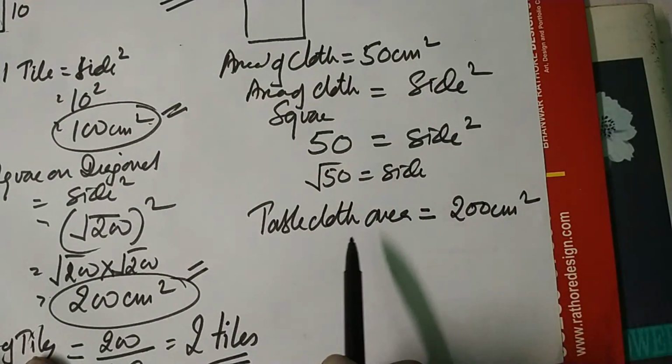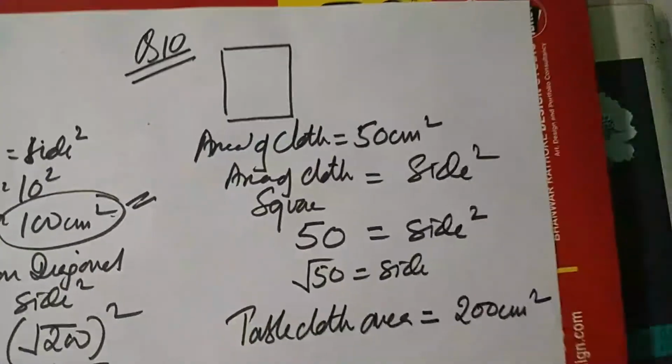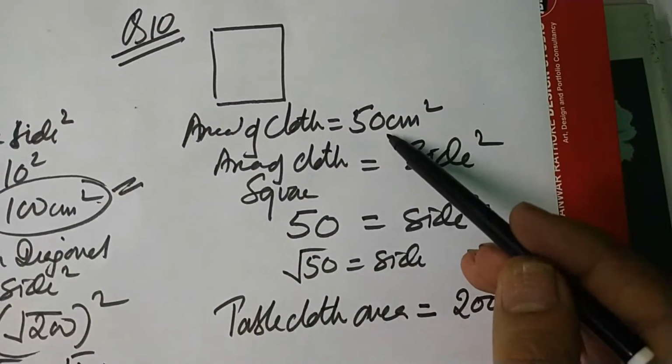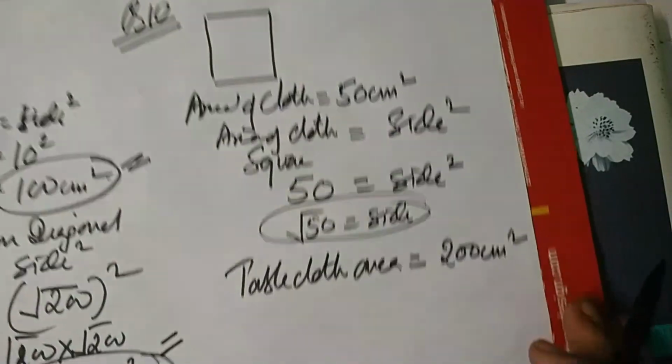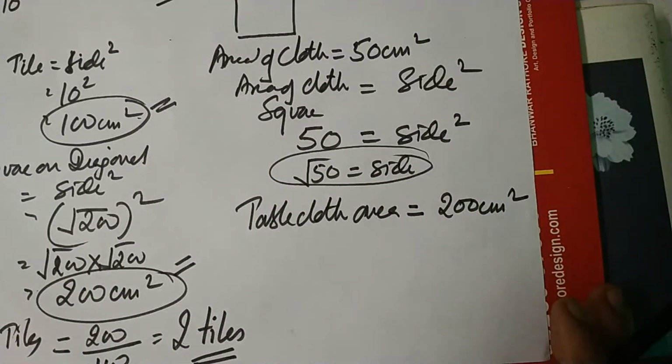So first, area of a cloth is 50. I have found the side. It is under root 50. Now she wants to make a tablecloth whose area is 200.